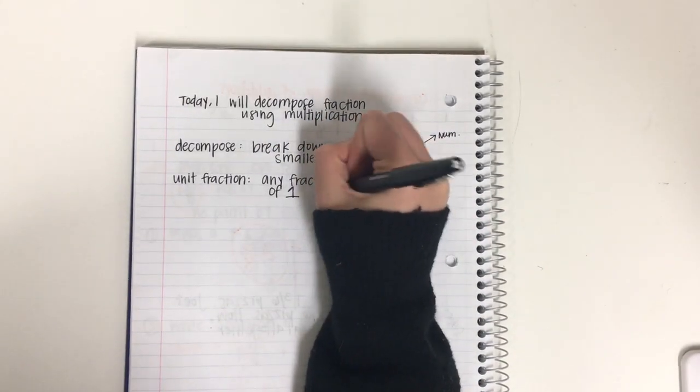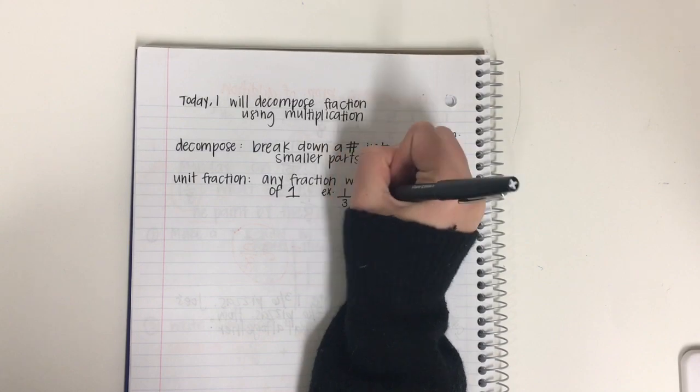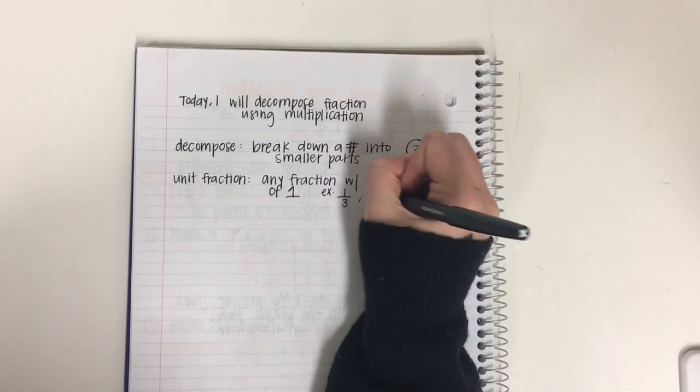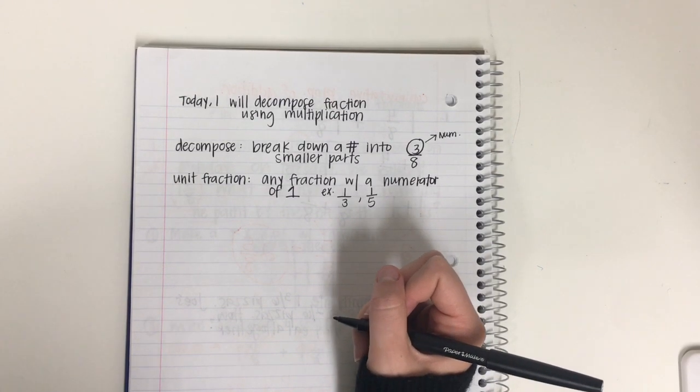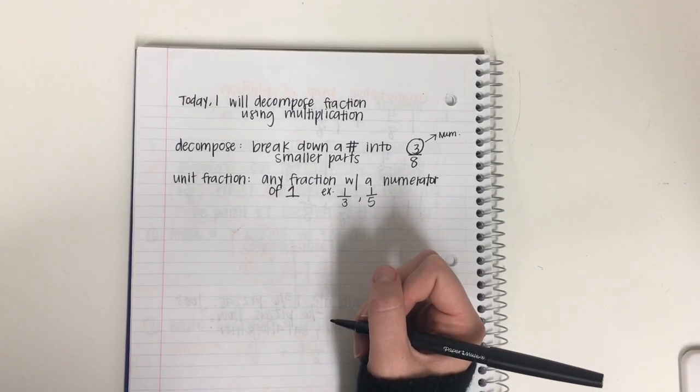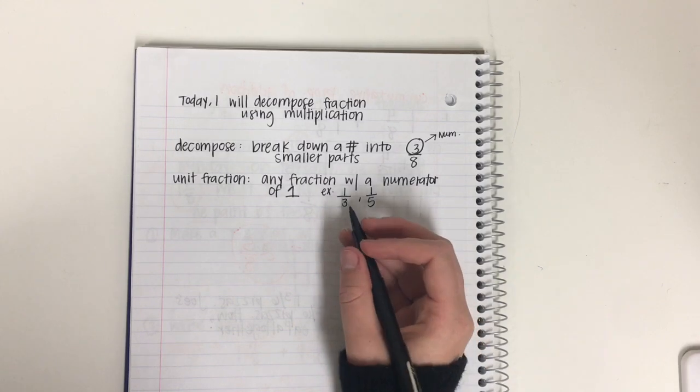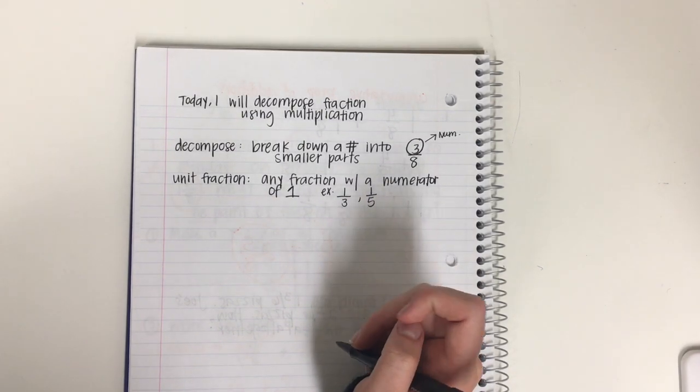Some examples are 1/3 is a unit fraction, and 1/5 is a unit fraction. When we are decomposing a fraction using multiplication, we decompose it by using a unit fraction.